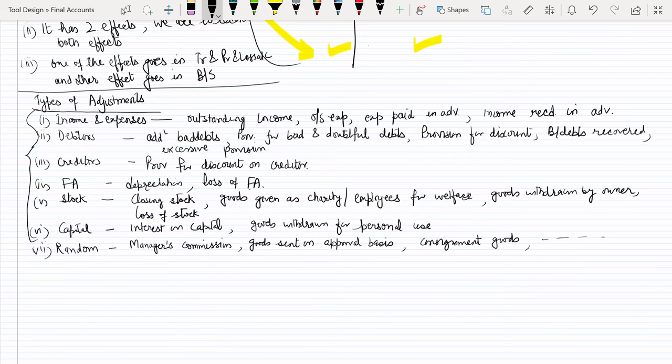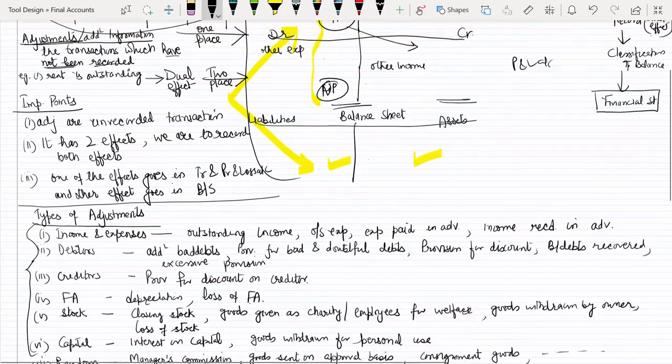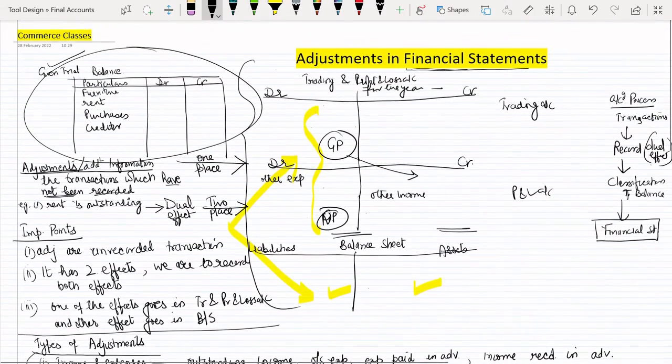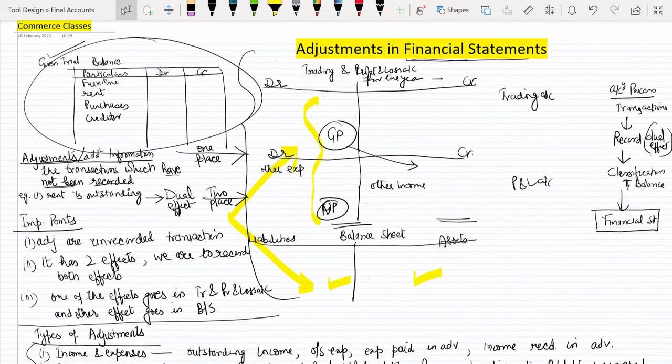But right now, what you need to remember for adjustments is just two things. Number one, it is an unrecorded transaction and it has two effects.